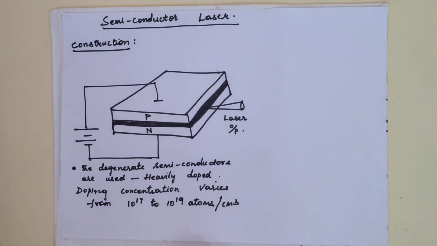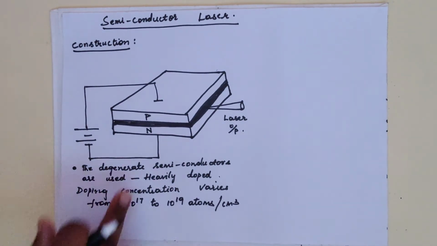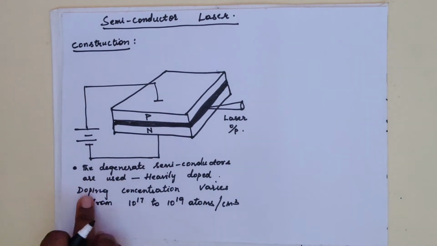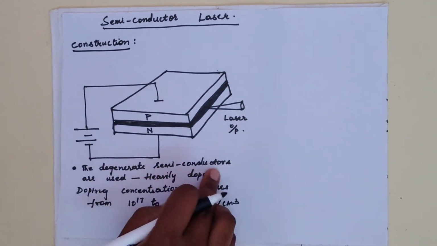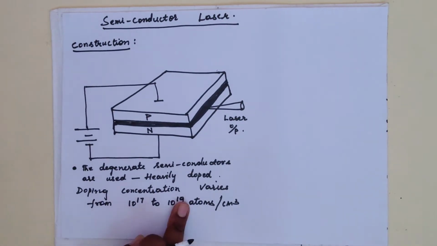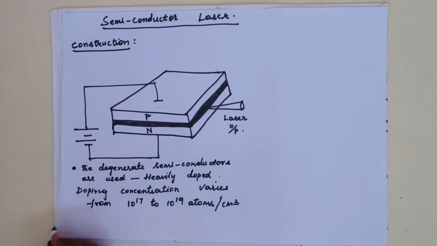So this is the first point: degenerate semiconductors have to be used for the construction of semiconductor lasers.